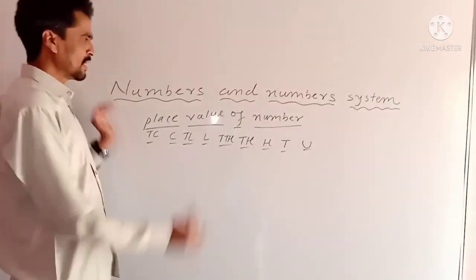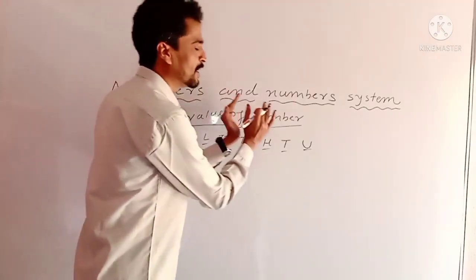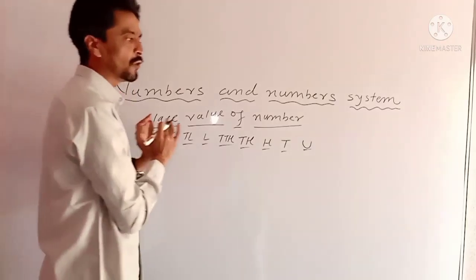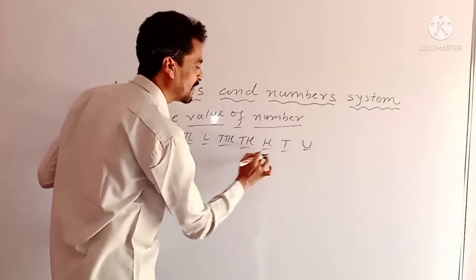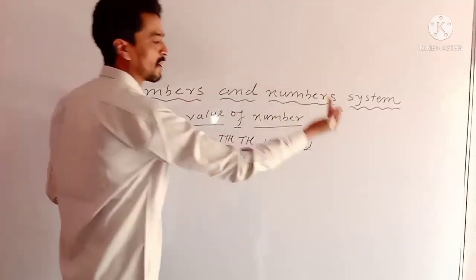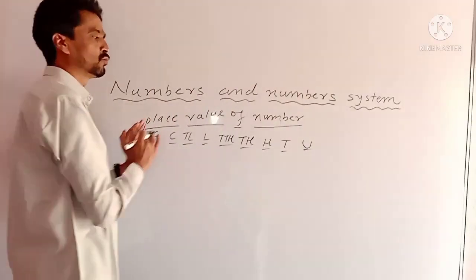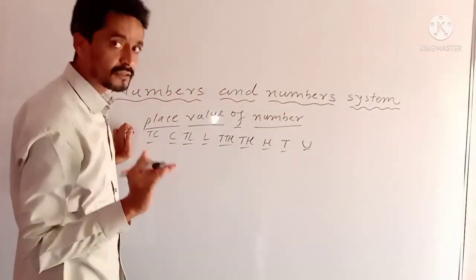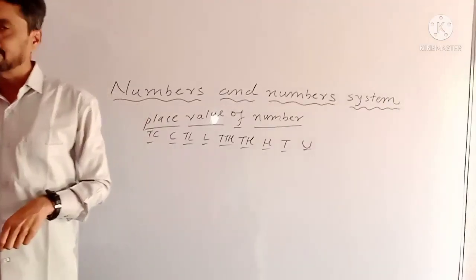I am telling you again, in the first chapter, numbers and number system, we want to learn the place value of the number, and the place value of any number is considered at its particular digit's place. From right to left it increases, and from left to right it decreases, by 10 times. Here we have cleared the place value.